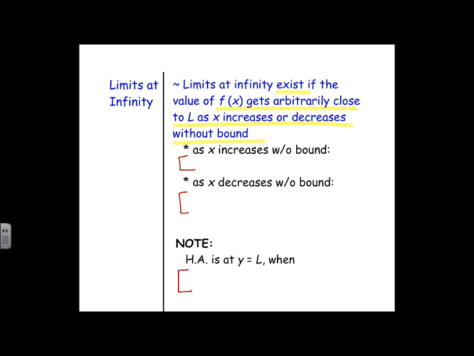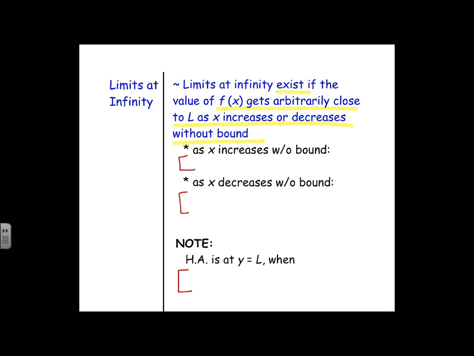Why not? How can you get on the other side of infinity to come the other direction? You can't. So, limits at infinity or limits to infinity, if you guys want to think of it that way, you only go one direction, so you're only going one direction. There is no added, hey, the limits have to agree. Because you're just going to the right or to the left. You're not thinking about them both together, and they don't even have to be the same number.